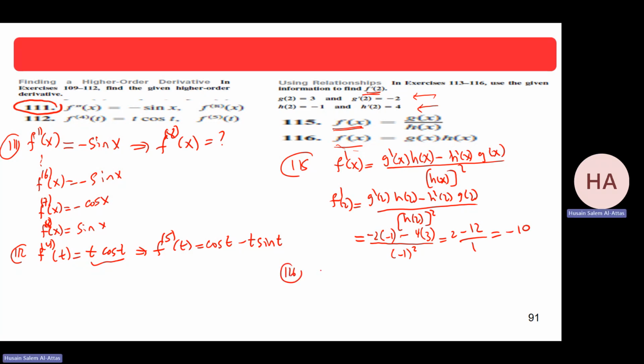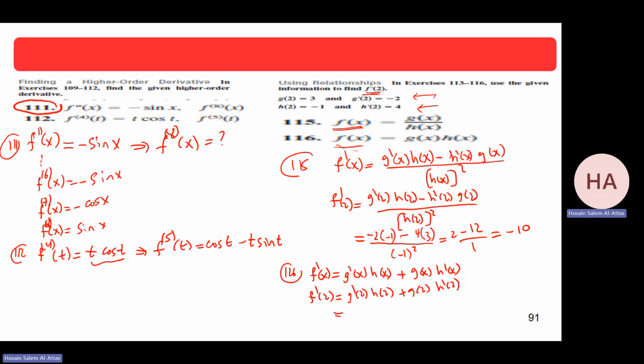116, which I think will be easier. What will be f prime? Product rule. So it will be the derivative of the first times the second plus the first times the derivative of the second. So f prime at 2 will be g prime at 2 times h at 2 plus g at 2 times h prime at 2.